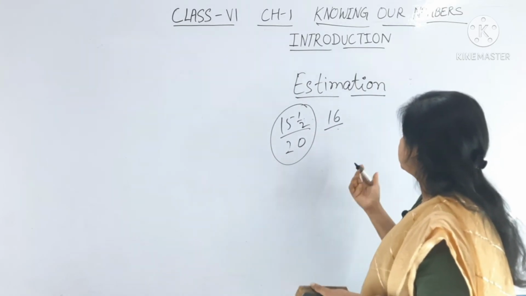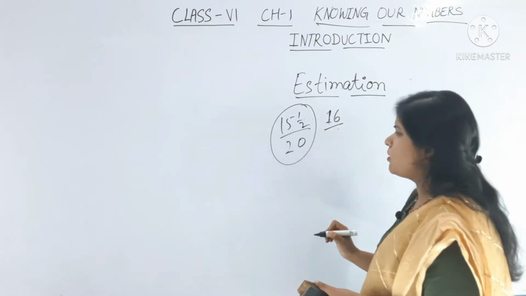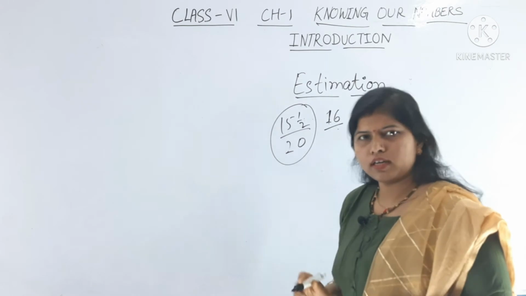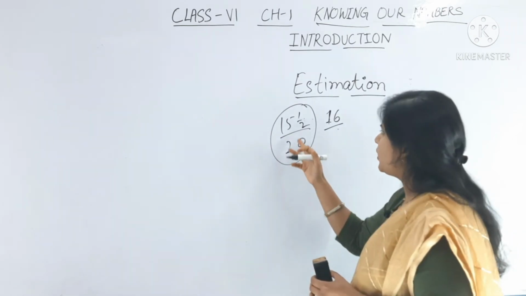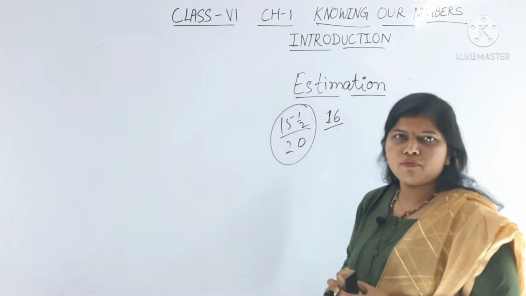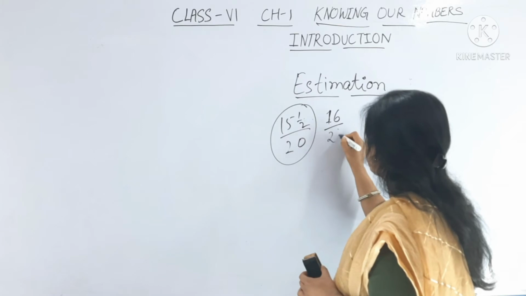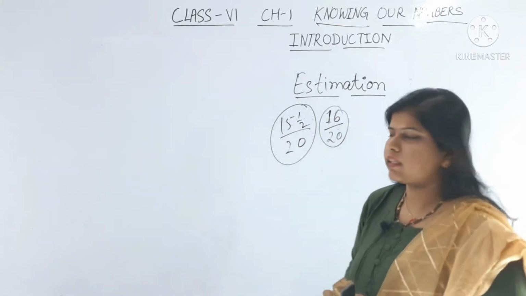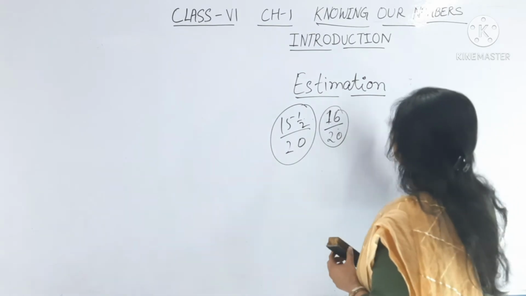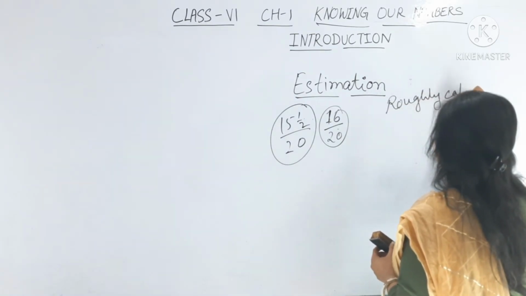If somebody asks how much you scored in maths or science, out of 20 we don't say 15.5, we round off. We will round off to 16 out of 20. We can say I am getting 16, like this. So this is estimation, which means rough calculation.